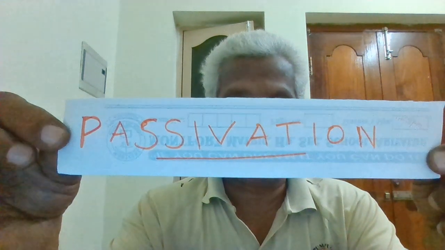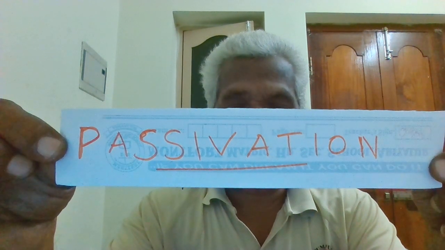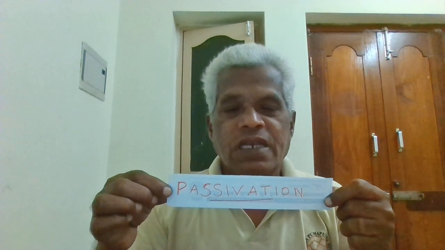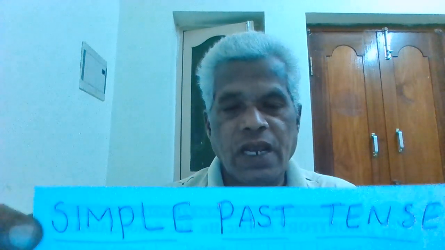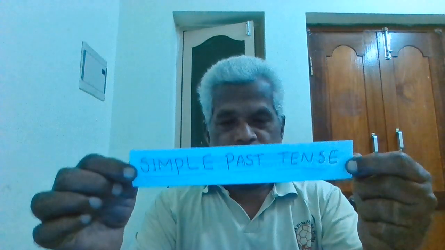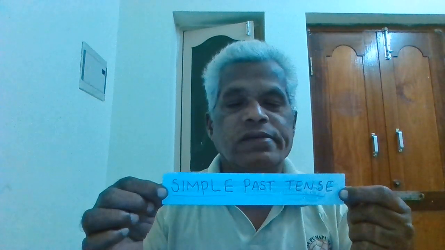Okay, now what do we need to understand passivation in simple past tense?